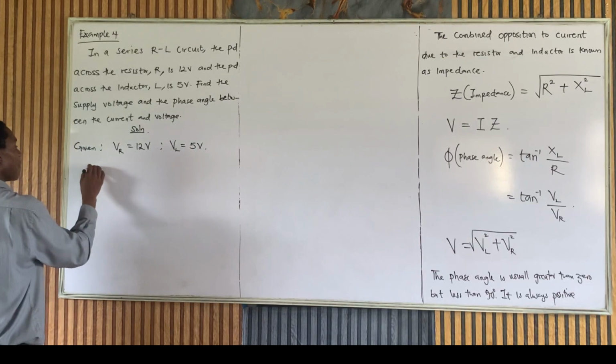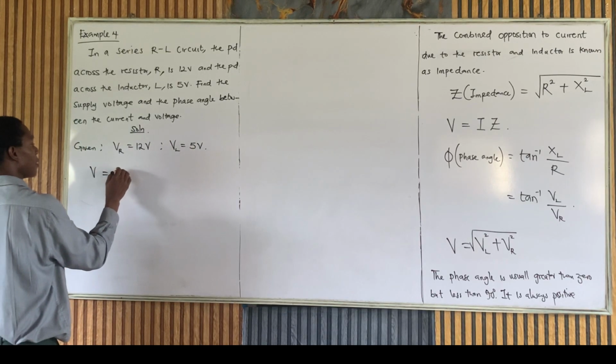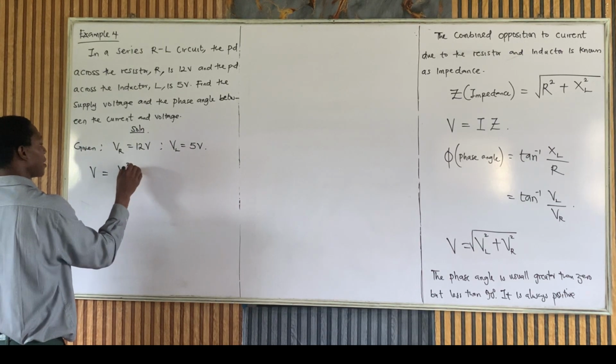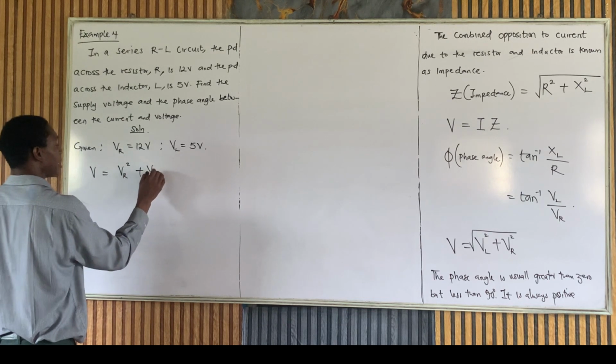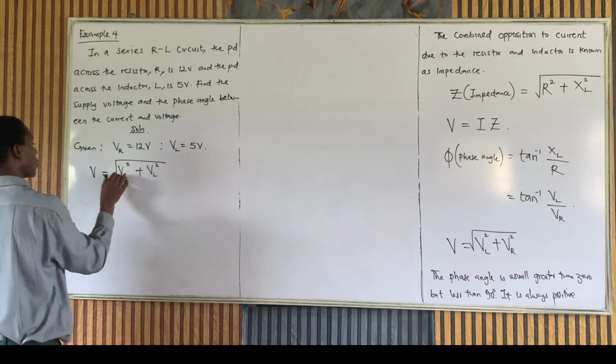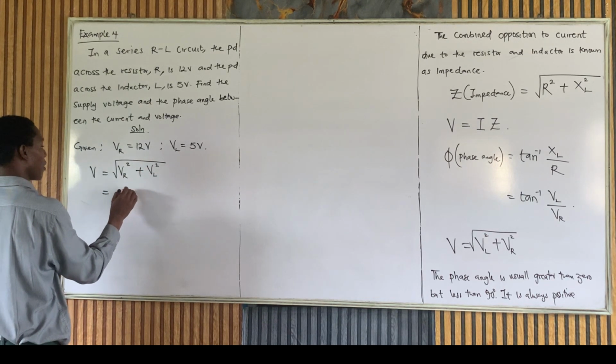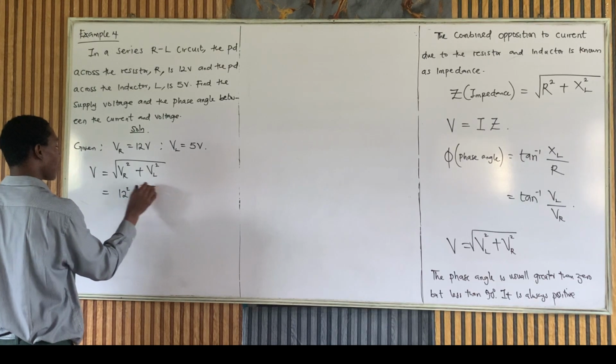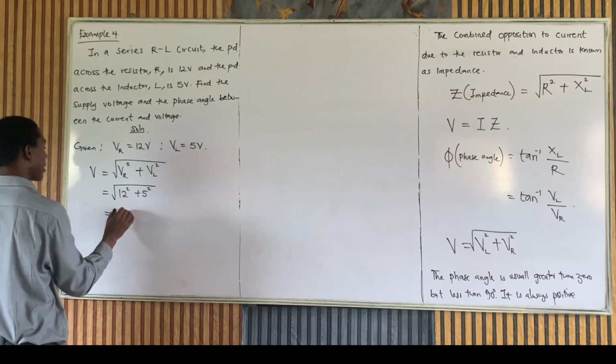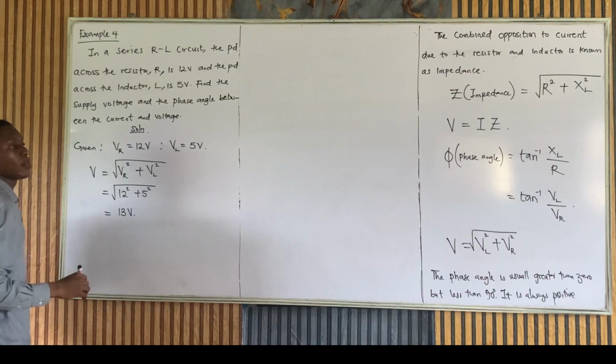Hence, the voltage supply will be the square root of the voltage in the resistor squared plus the voltage in the inductor squared. And that will give us the square root of 12 squared plus 5 squared. This is actually 13 volts.